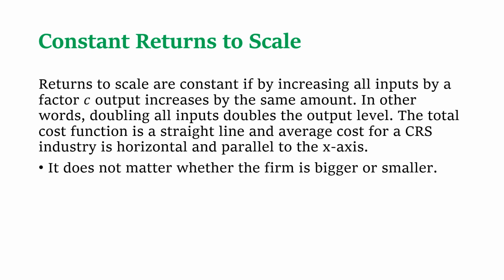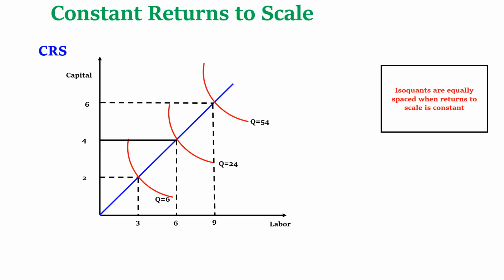In terms of cost effectiveness, it doesn't matter whether it's bigger or smaller, as long as it exhibits constant returns to scale. Because if he puts in maybe $100 worth of inputs, he's going to get $100 worth of outputs. So it doesn't matter whether the farm is bigger or smaller here, okay, if the farm exhibits constant returns to scale.